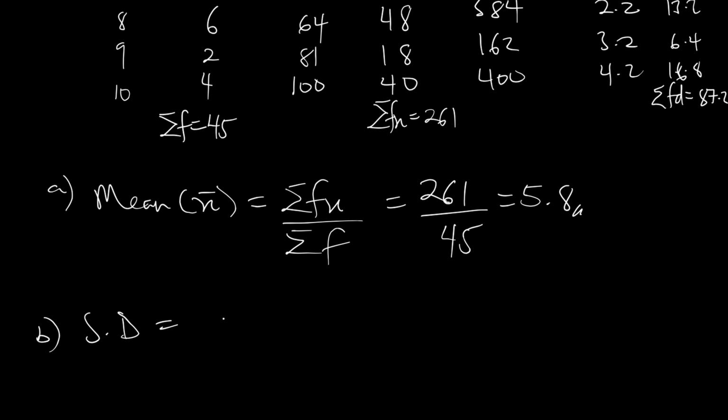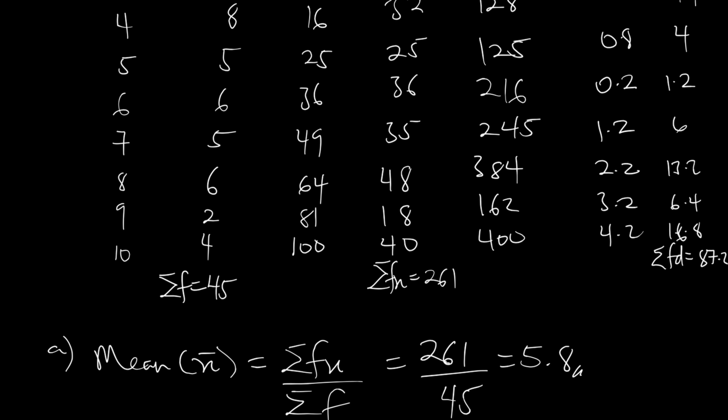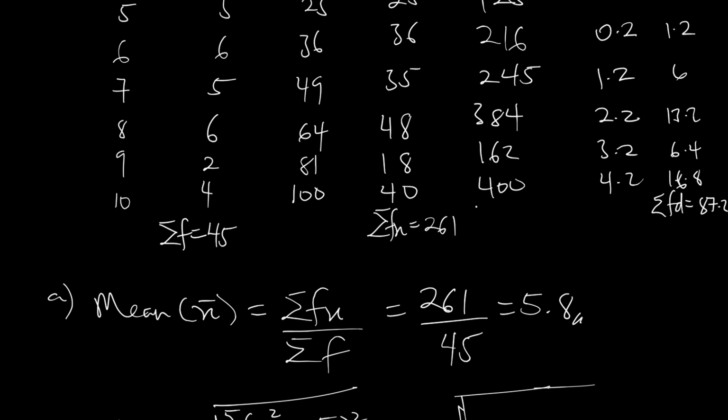Now B, we are being asked to find the standard deviation. The standard deviation is equal to the square root of the sum of fx squared over the sum of f, minus the mean squared. First we need the sum of fx squared, which is equal to 1741.